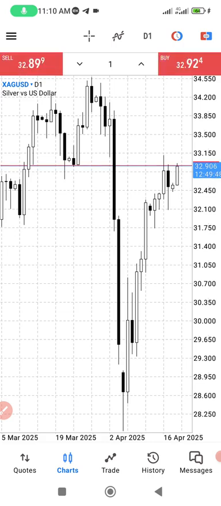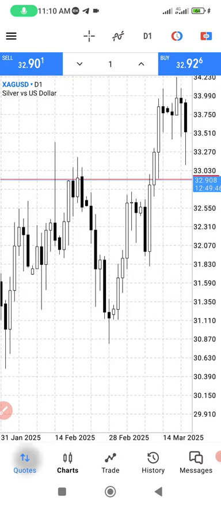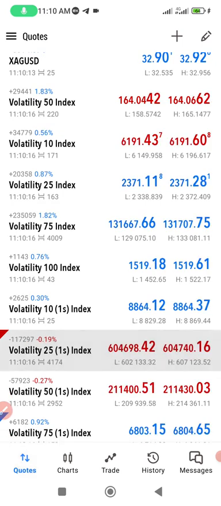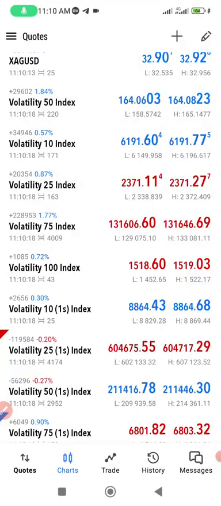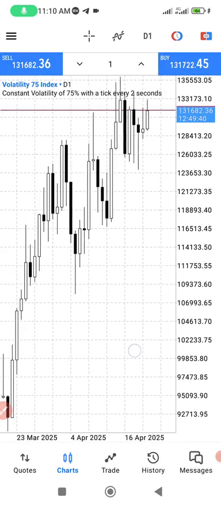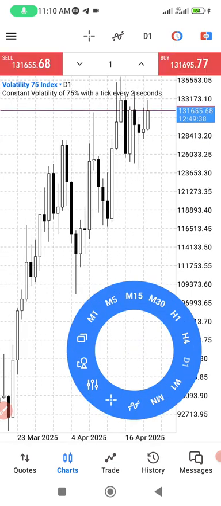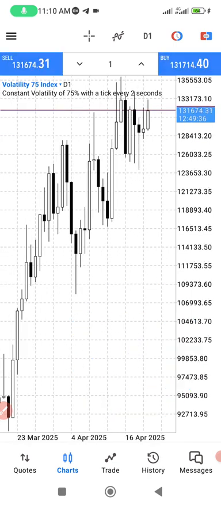So we are on to the practical part of this topic. I will start with Volatility 75 Index. So on that fateful day or period of time, you already want to get a signal. You want to buy or you want to sell. You are looking for opportunity to trade. You just want to make profit.